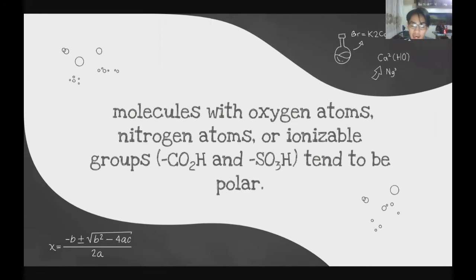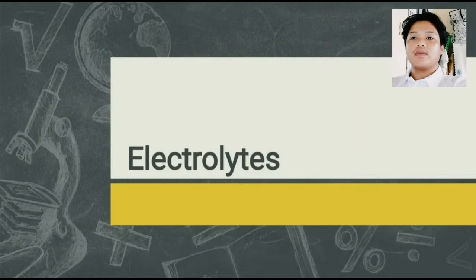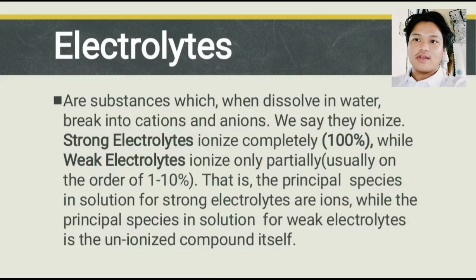Molecules with oxygen atoms, nitrogen atoms, or ionizable groups, such as negative CO2H and negative SO3H, tend to be polar. Electrolytes are substances which, when dissolved in water, break up into cations and anions. We say they ionize.